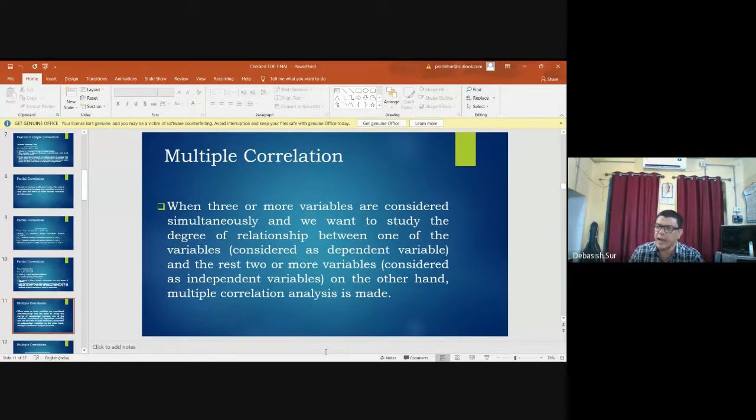If we want to calculate the degree of relationship between yield of crops and the joint influence of amount of fertilizer used and amount of rainfall on yield of crops, then we have to calculate the multiple correlation coefficient of yield of crops on amount of fertilizer used and amount of rainfall.